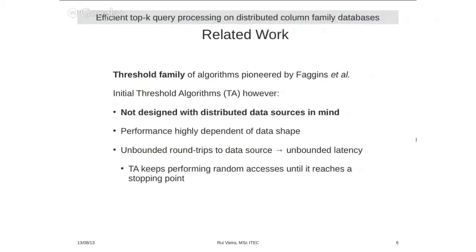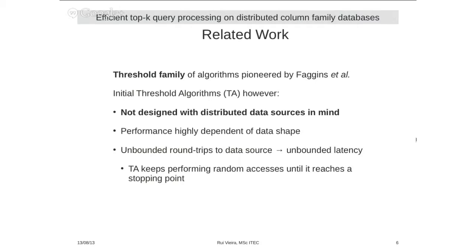To tackle this problem, there's been lots of research pioneered by Fagin, which created a threshold family of algorithms, which basically try to determine a threshold below which no object can be a part of a top-K. The original threshold algorithm, however, had some shortcomings. For instance, it was not designed to work with distributed data sources.